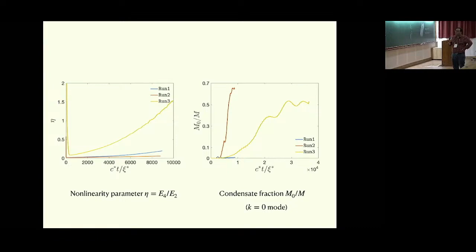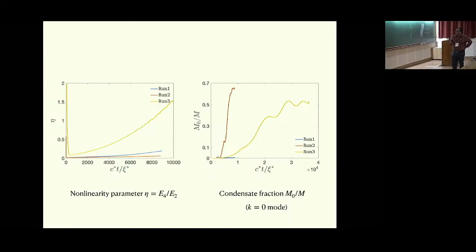Now if I compare it to run 2, which remained very weakly nonlinear, the puzzling part is how the condensate fraction is so large. Run 3, which has relatively stronger nonlinearity, has a condensate fraction smaller than this. And run 1 always remains smaller.